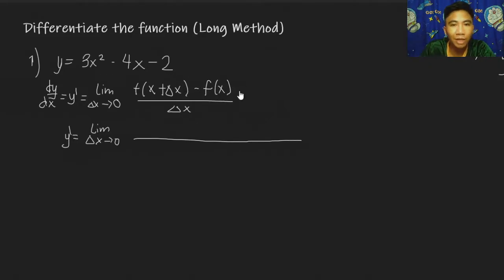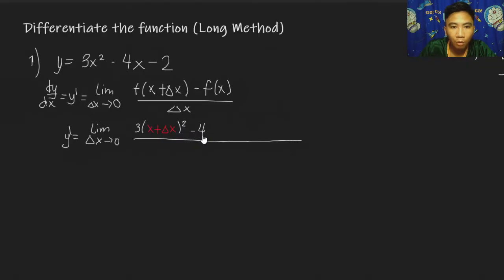So makinig kayo maigi. Copy lang natin 3. And then si x, papalitan natin siya ng x plus delta x. So, mas maganda siguro kapag sa ibang kulay ko gagawin. x plus delta x, yan na ngayon si x squared.